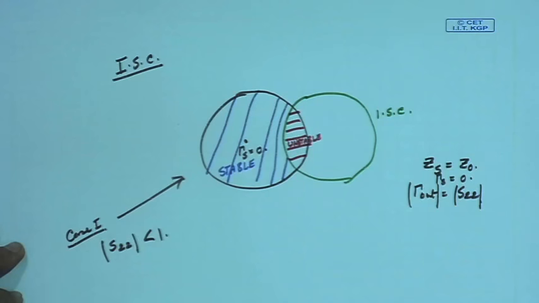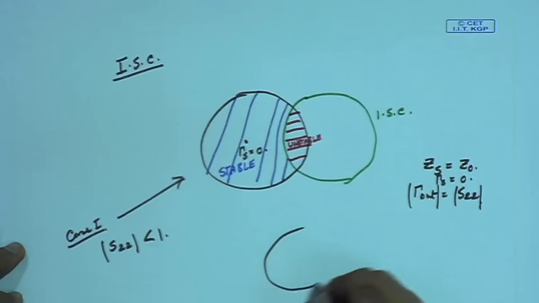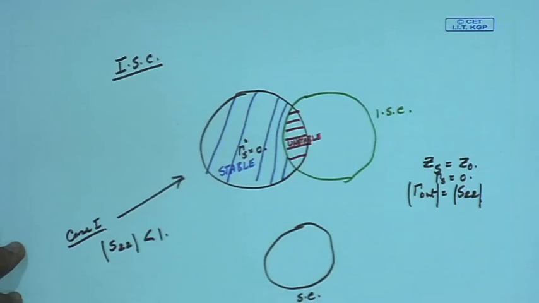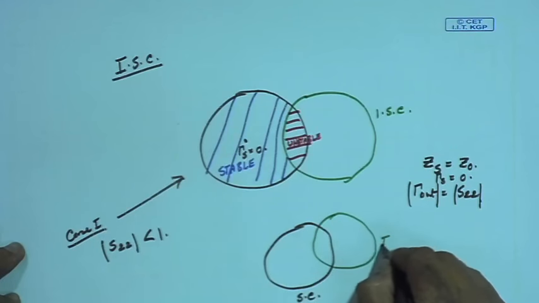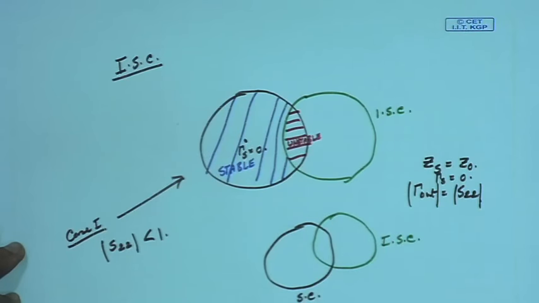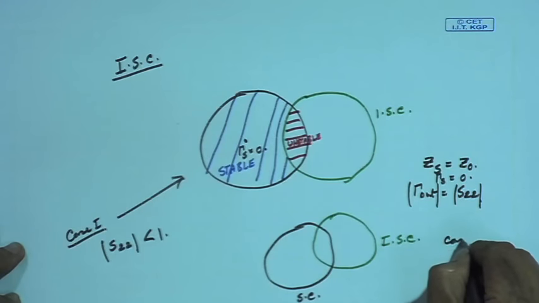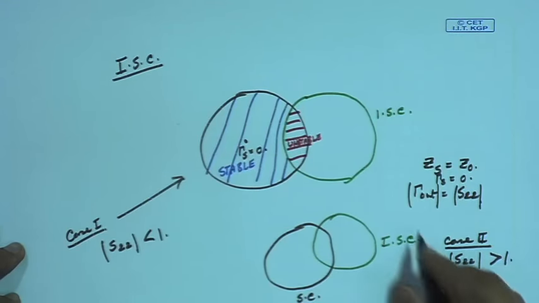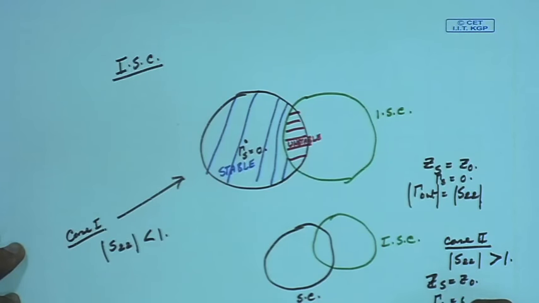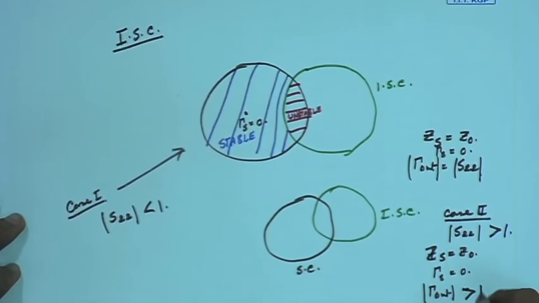Now, I can do the same exercise for case 2. This is, let us say, my Smith chart, and this is my input stability circle, and in case 2 I know that S22 can be greater than 1. In that case, with this choice of ZS equal to Z0, gamma S will become 0 and gamma out will be equal to S22, and that will be greater than 1.